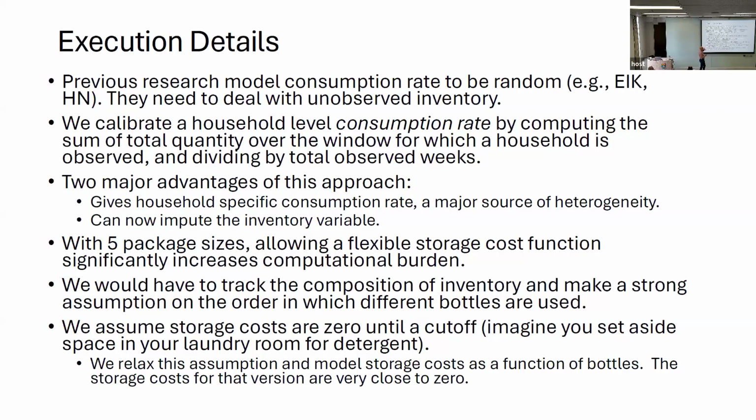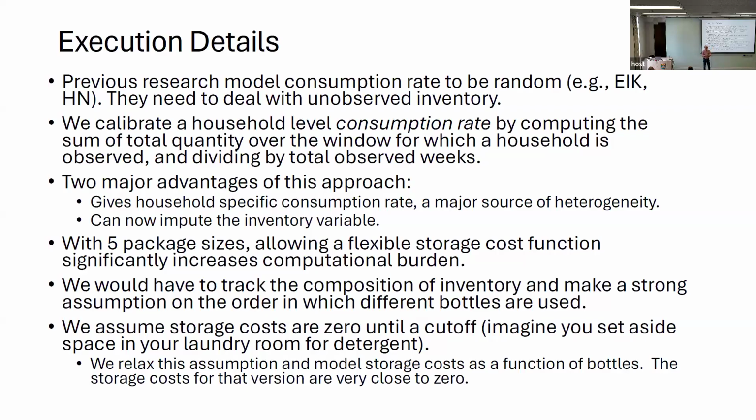Another thing is that once we assume people's consumption rate is constant over time, which in the case of laundry detergent is pretty reasonable, we can impute the inventory variables. In the past, with a random consumption rate, the inventory variable was a problem.